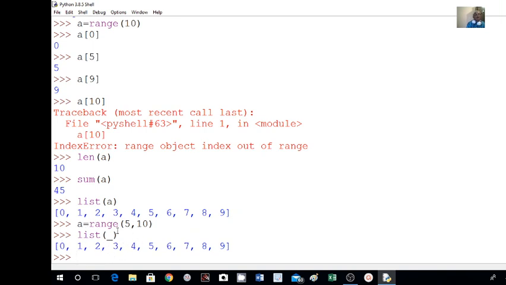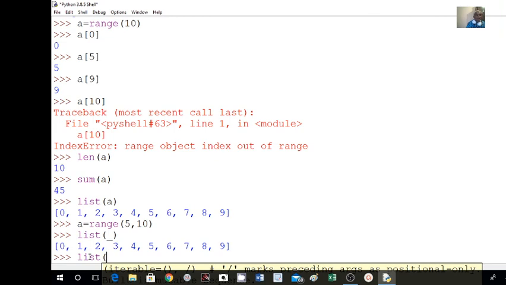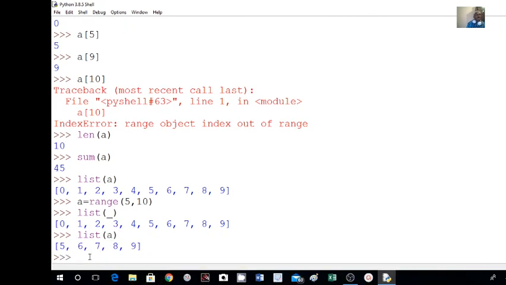I have given range here. Okay, range 5. List for this one here. I will give list A, and this is A here: 5, 6, 7, 8, 9.